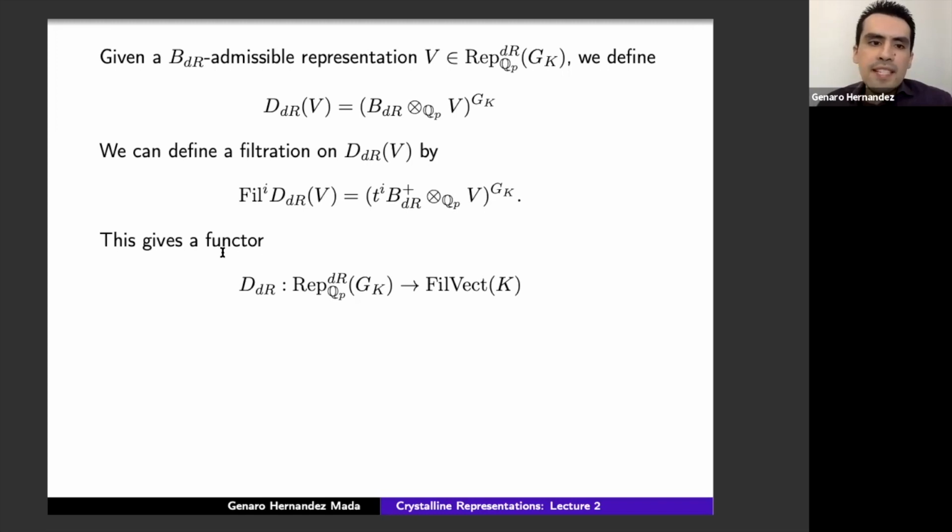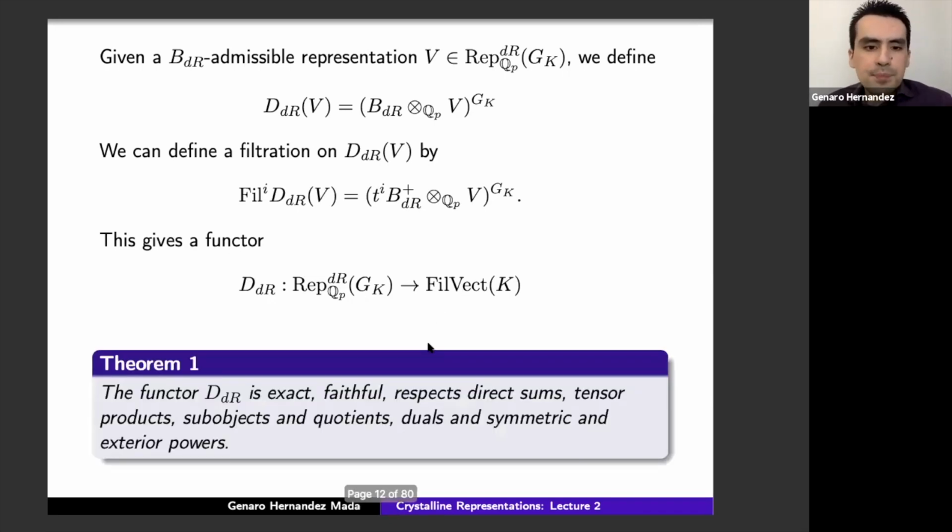And this gives a functor, which I'm going to denote D_dR, from the de Rham representations, I mean B_dR-admissible, which are called de Rham representations, to the filtered vector spaces. This functor is exact, faithful, respects direct sums, tensor products, sub-objects and quotients, duals, and symmetric and exterior powers.